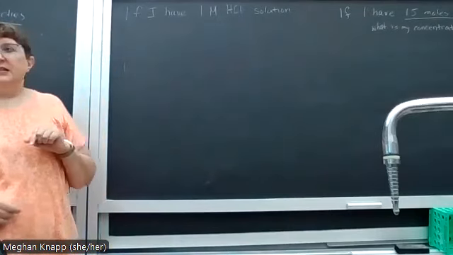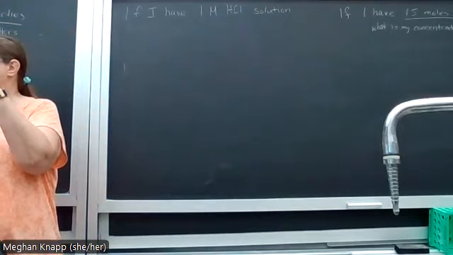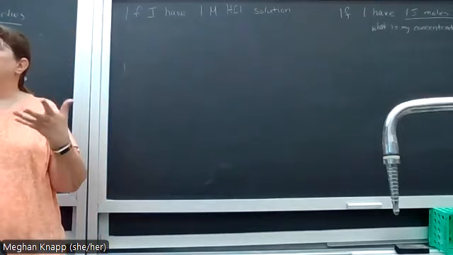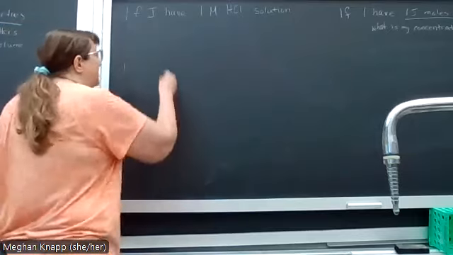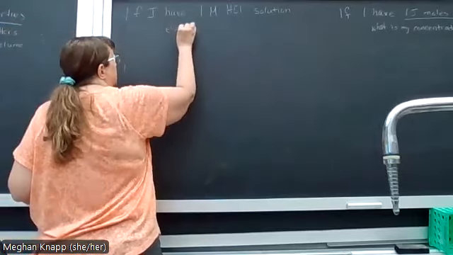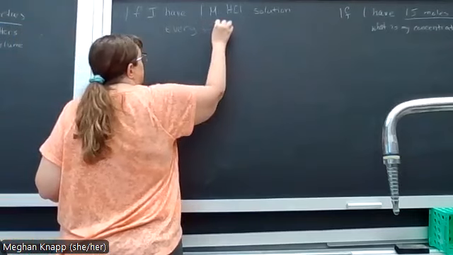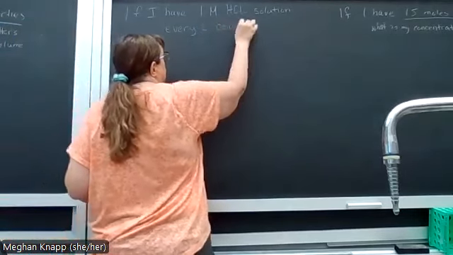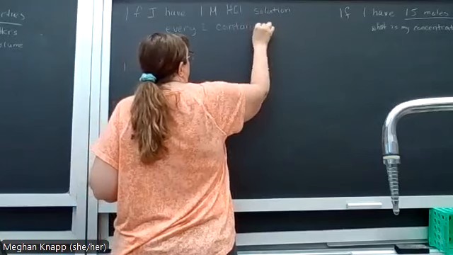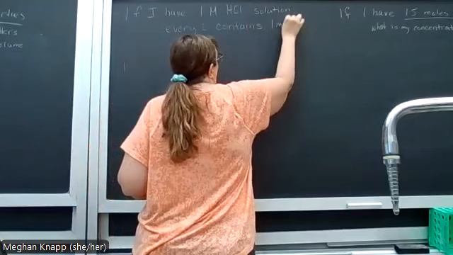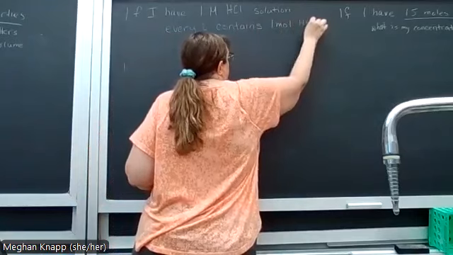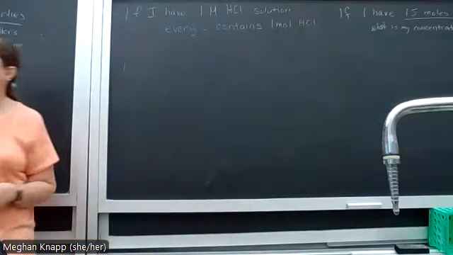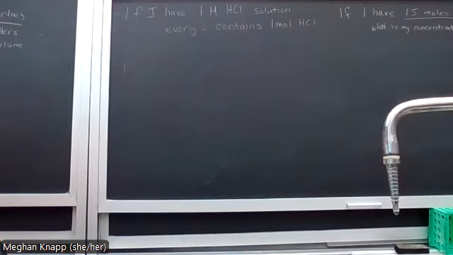What that means is not how much is in there, but for that concentration, every liter contains 1 mole of HCl. Okay. So if I had half a liter, then I would have half a mole. And if I had 3 liters, I would have 3 moles. So the ratio goes along with it.